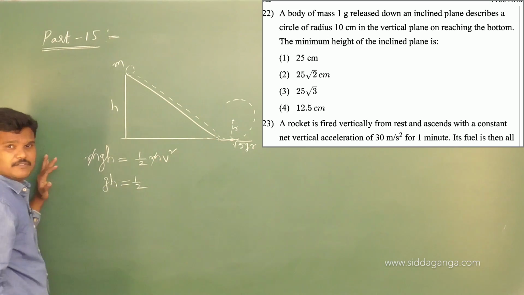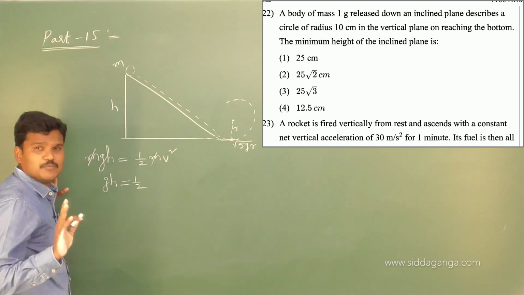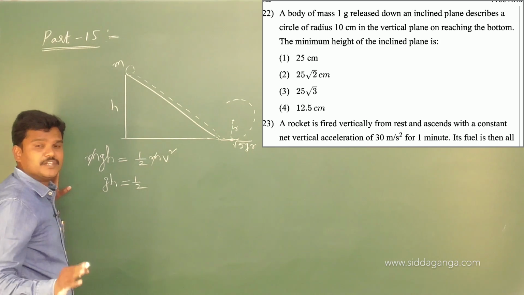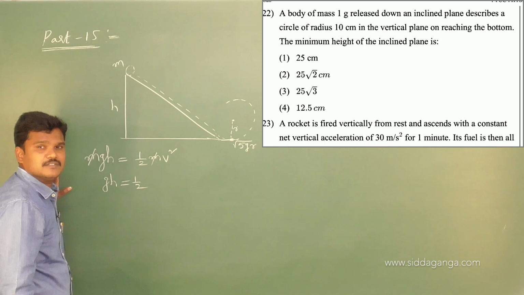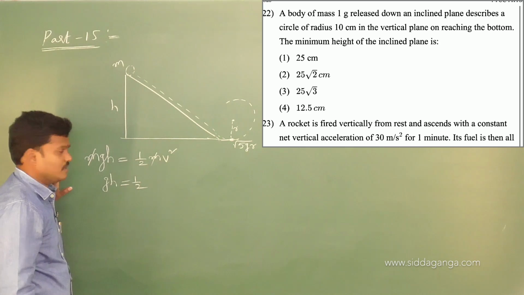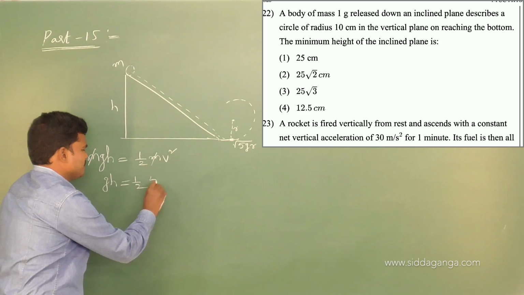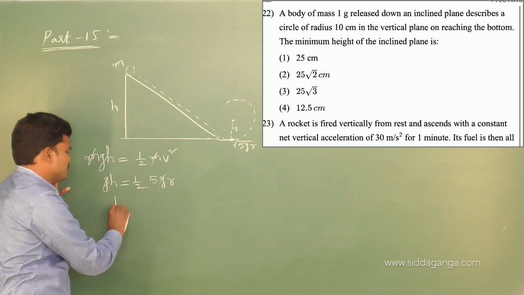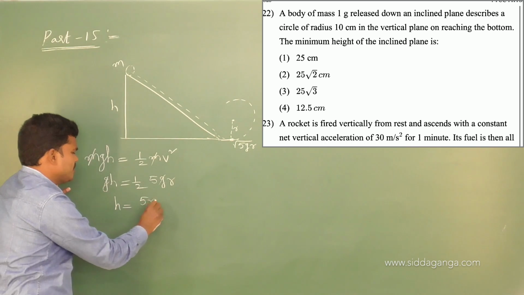What is v? If the body completes a vertical circle, then the velocity of the body at the lowest point of the vertical circle is root 5gr. So v square is 5gr. g gets cancelled. So I hope you remember this formula, 5r by 2.